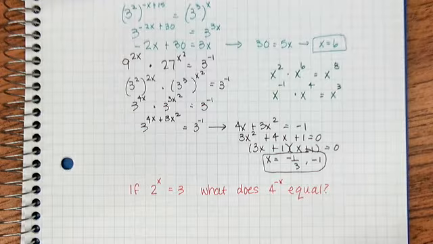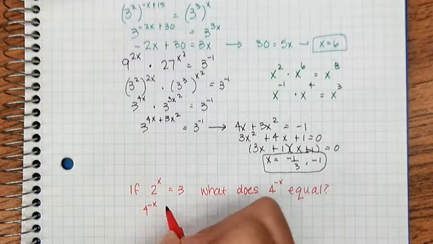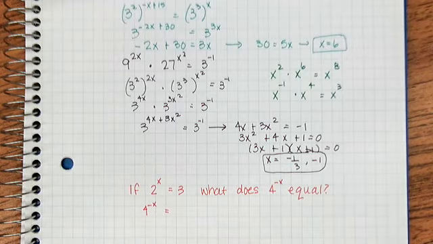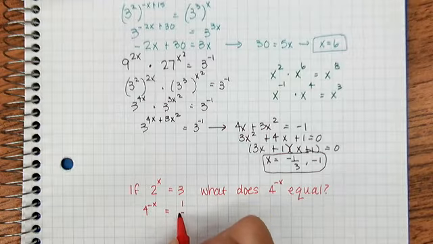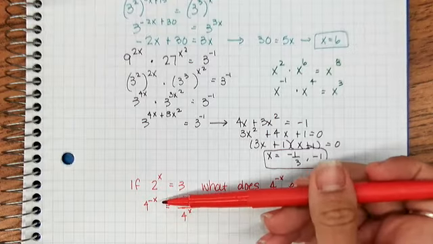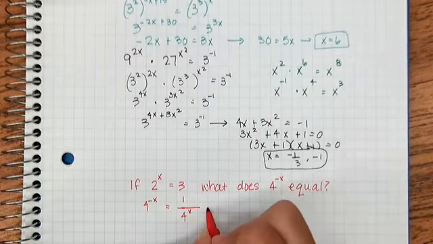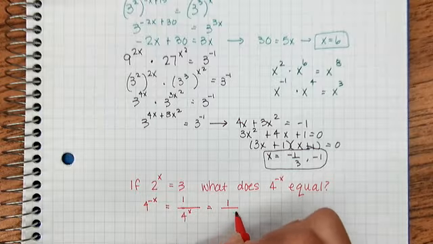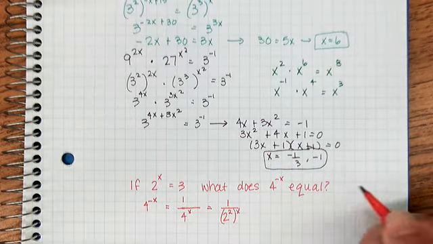They're not equal bases yet, but I can make them equal bases. So I'm going to take 4 to the negative x. This is the same thing as 1 over 4 to the x. The exponent is negative, reciprocal, make the exponent positive. Well, this is the same thing as 1 over 2 squared to the x.